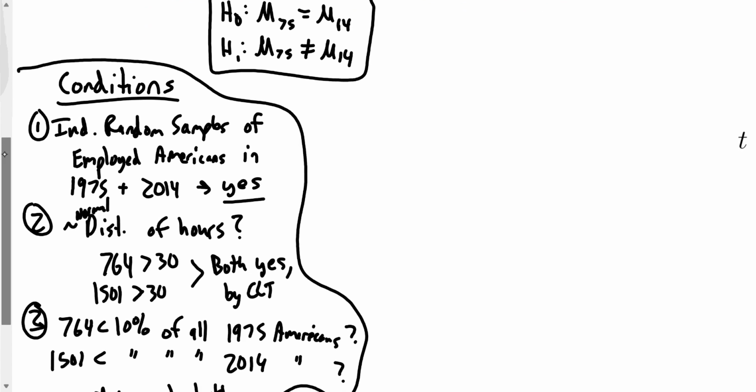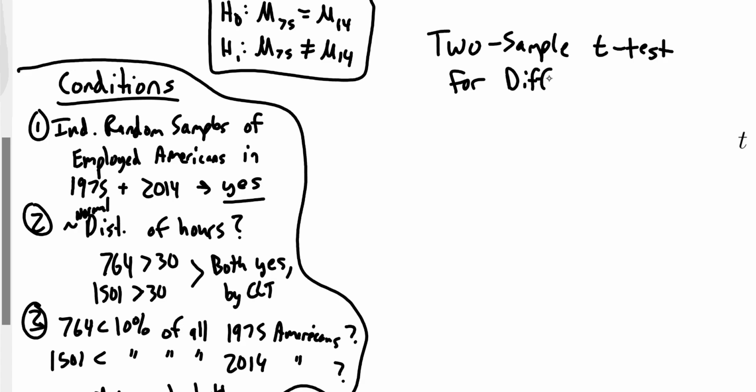Now this is going to be a 2-sample t-test for what? For a difference of means. Okay, not a t-interval, but all the same sort of deals. Now, how are we going to find our t-value?